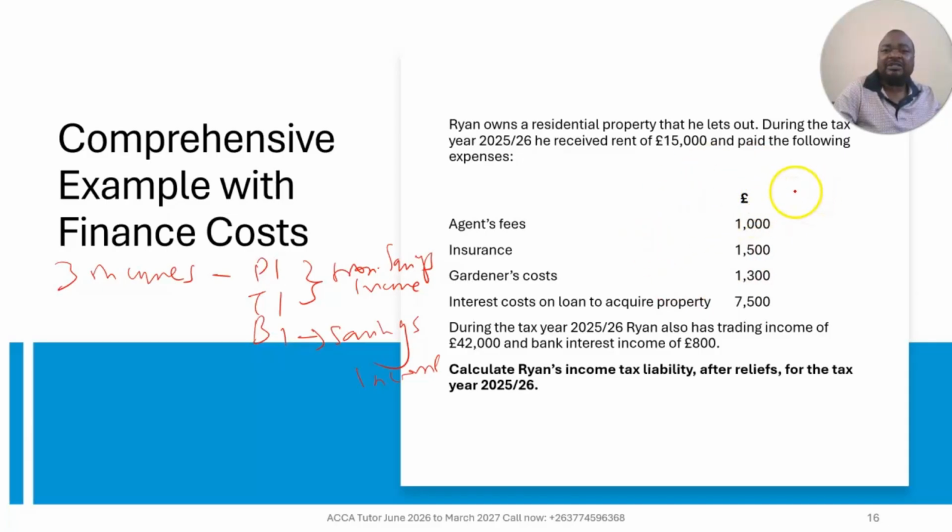For the property income, ladies and gentlemen, we have got our rent received, which was £15,000. That was the rent received less allowable deductions. Allowable deductions, we have got the agent's fee, that is 1,000. Insurance, that's 1,500.